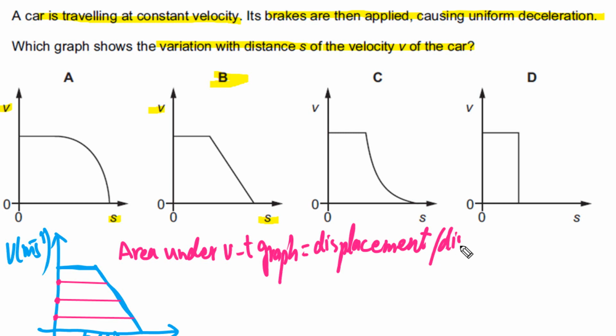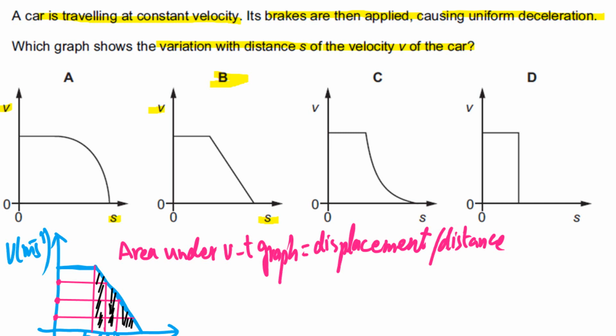So in this case, the area under this VT graph is equal to distance or displacement. As you can see here, this is the first area, this is the second area, and this is the third area.